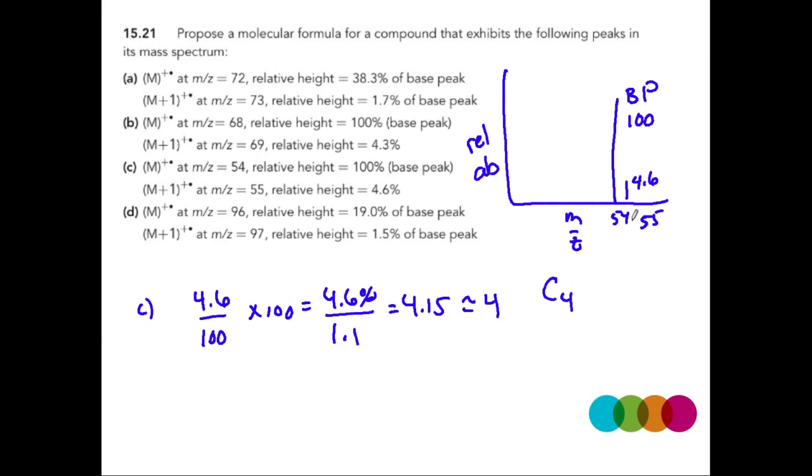So what's our molecular weight? Molecular weight is 54. So 4 times 12, because we got 4 carbons, is equal to 48. So 54, our molecular weight, minus 48 is equal to 6. So our formula is C4H6.